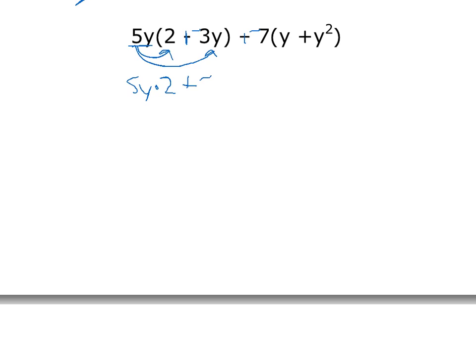This is going to be 5y times negative 3y. And so at some point you'll become comfortable with this, enough that you won't need to write out this distribution, but for the rest of this unit, until I feel comfortable that we're all comfortable, we need to write that out if we're distributing a variable.